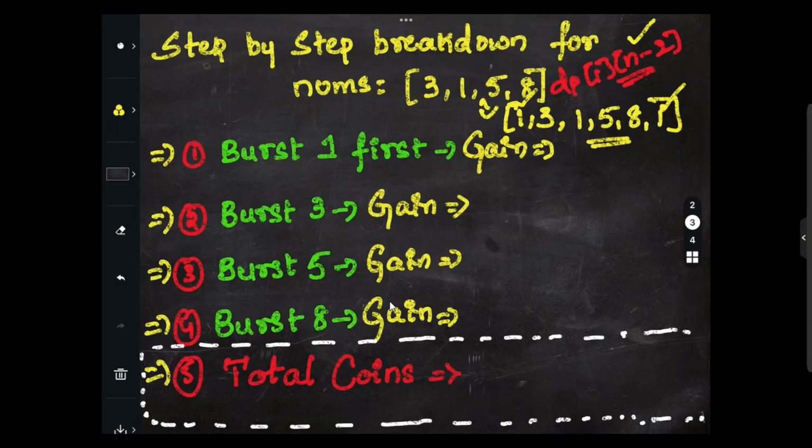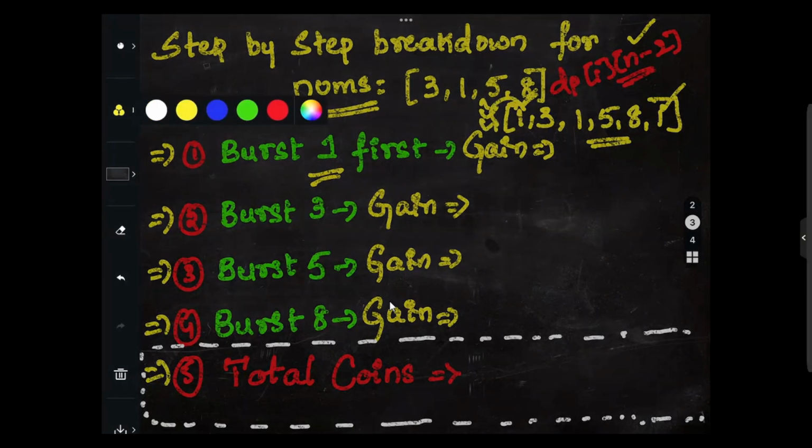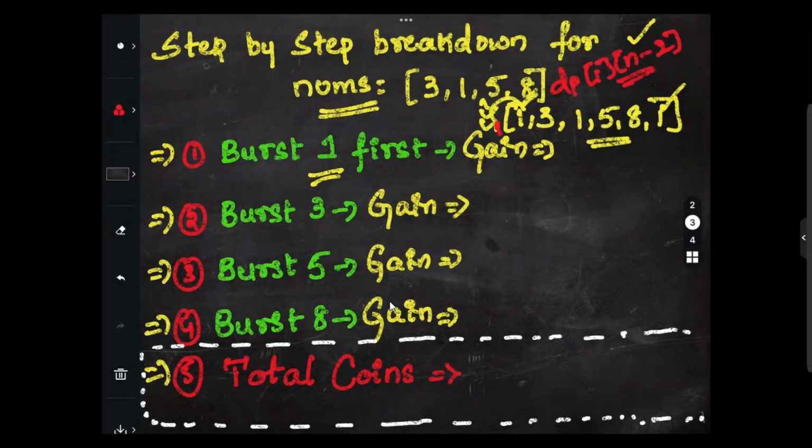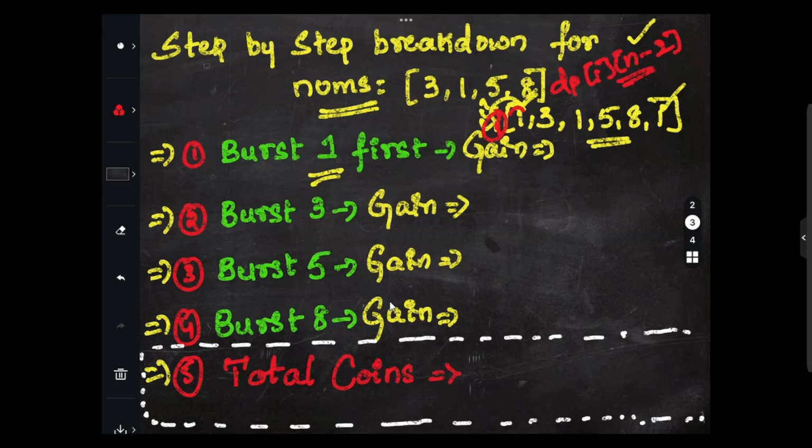So let's see the step by step breakdown for the example that we are considering. First we will burst 1. In this case, this will be 1 into 1 because previously we don't have any number here, so we will consider this as 1 itself. So 1 into 1 into 3 here.